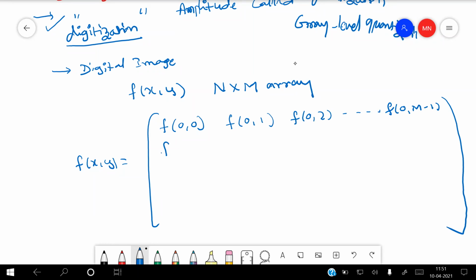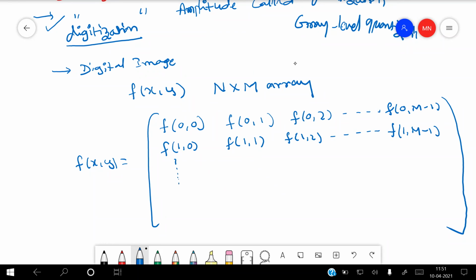Second row: f of 1, 0, f of 1, 1, f of 1, 2, up to f of 1, m minus 1.